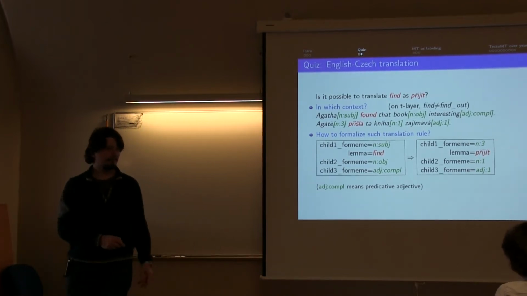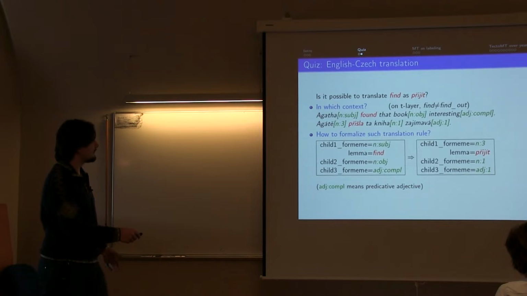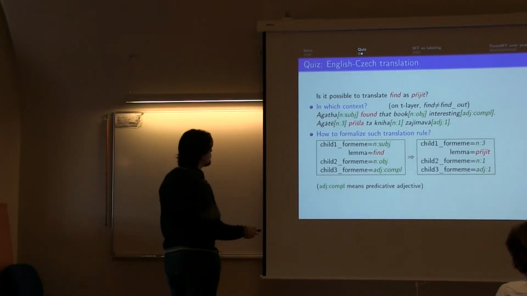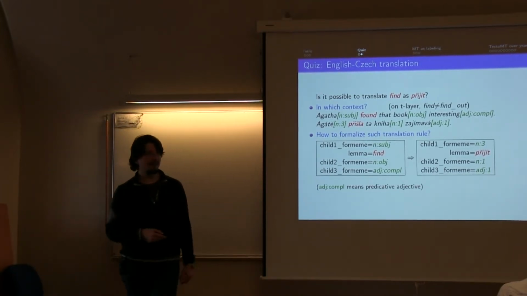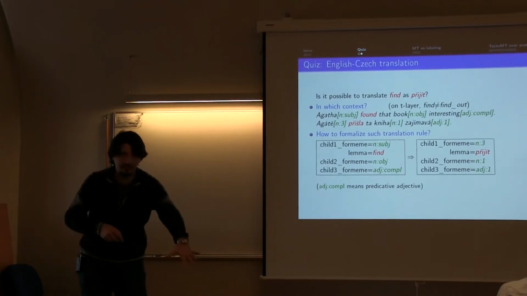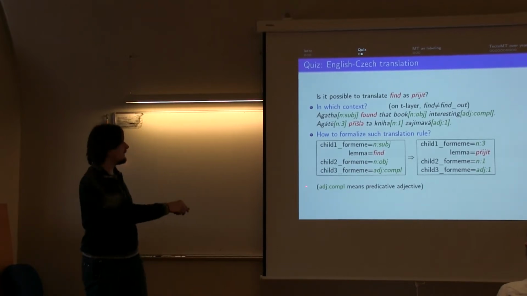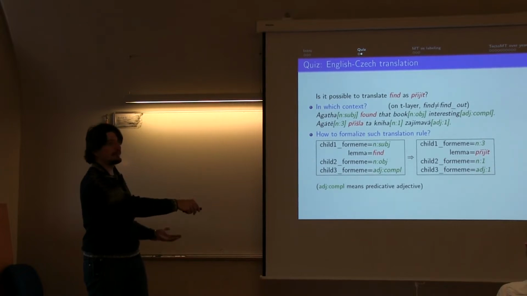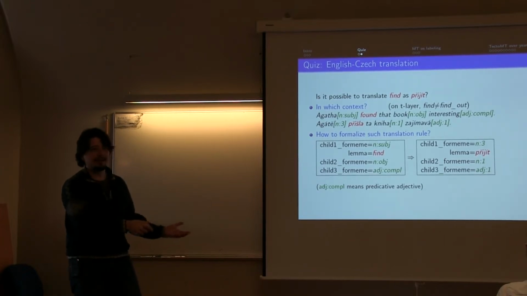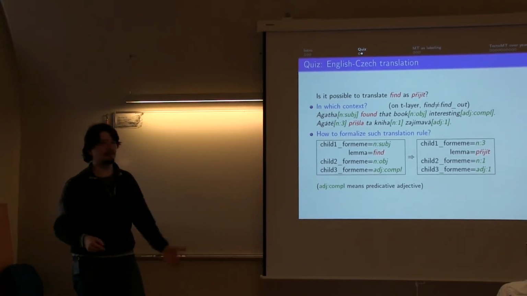So a treelet is defined as a connected subgraph of the tree. It doesn't need to go up to the leaf, it can be any part. And we translate one treelet to another treelet, so I call this a treelet pair or translation rule.